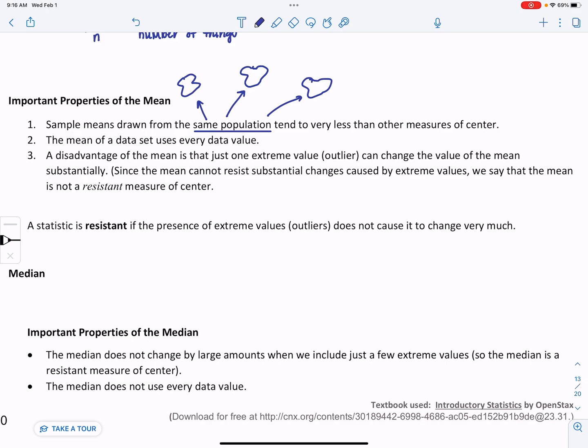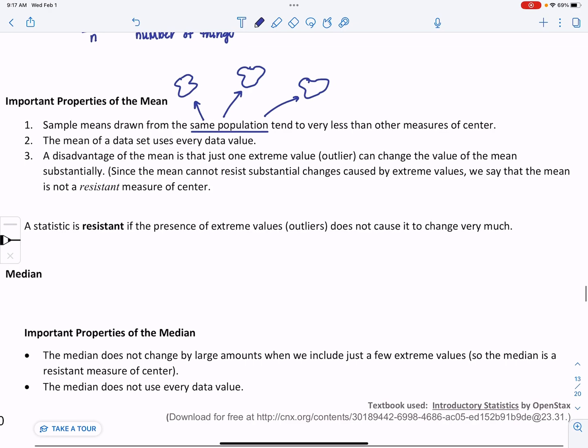If we find a mean for each one of those samples, as long as our sample is representative of the population, our means are going to be fairly close together. There's not going to be a whole bunch of change as far as size goes.